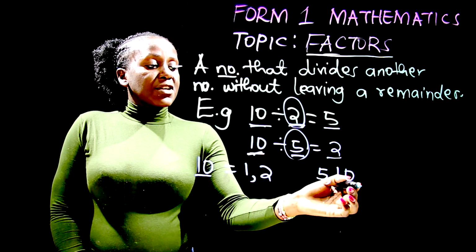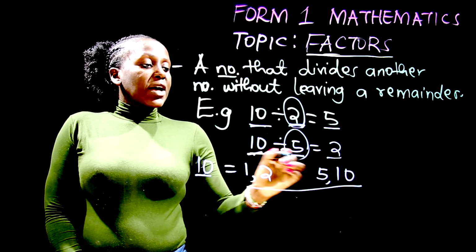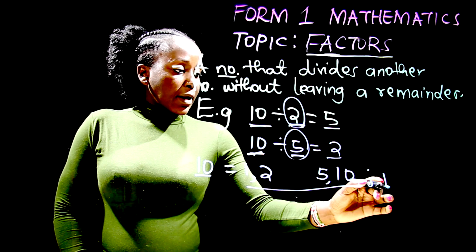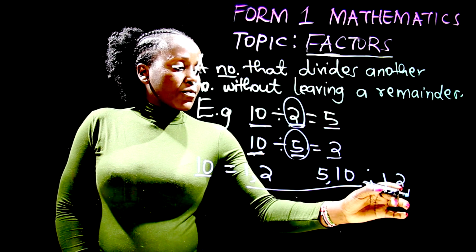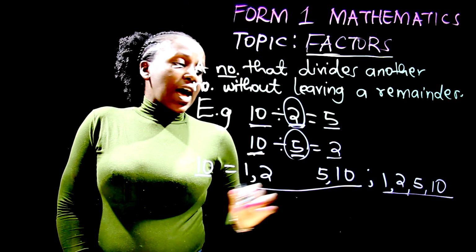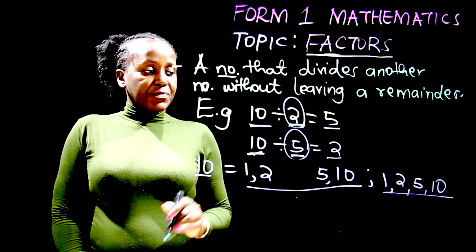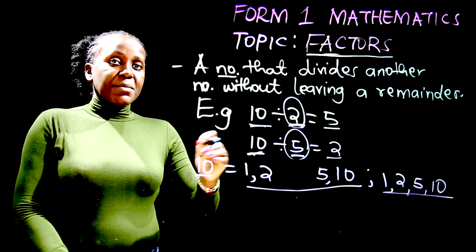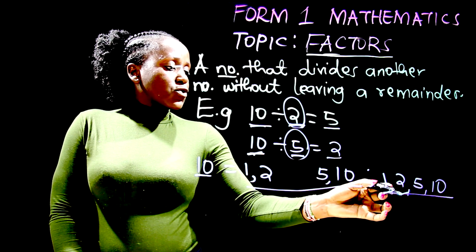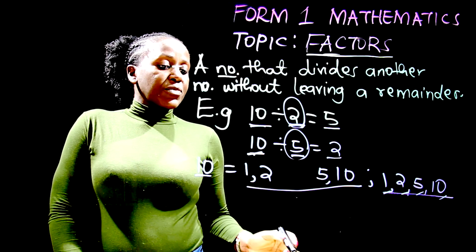But you see 5 is already here. So now we can conclude and say that the factors of 10 are 1, 2, 5, and 10. These are the factors of 10. Now if you count the number of factors that 10 has, it has 1, 2, 3, 4.